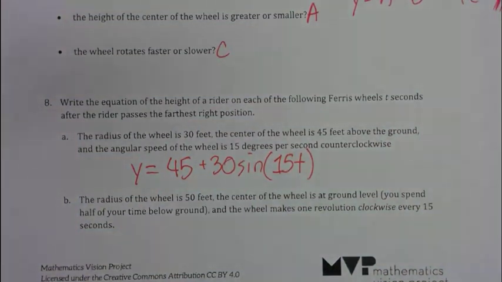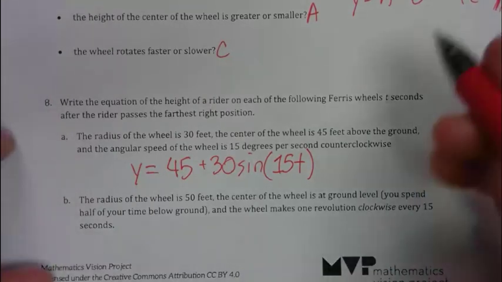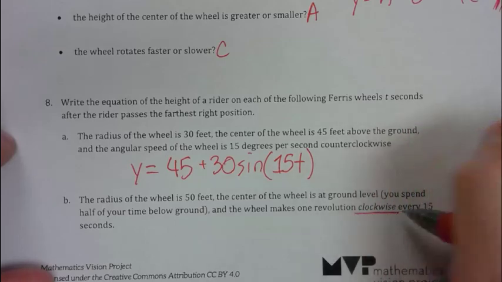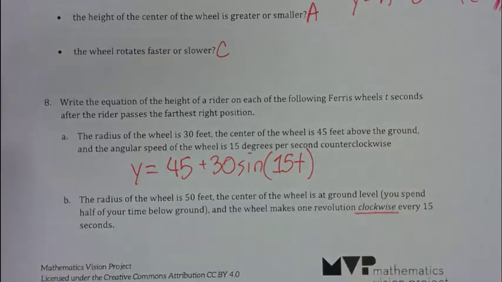So now if we are doing the radius of the wheel is 50 feet, the center of the wheel is at ground level. You spend half your time below ground is what that would mean. And the wheel makes 1 revolution clockwise every 15 seconds. So this is interesting when it says clockwise, because we're moving in the exact opposite direction.